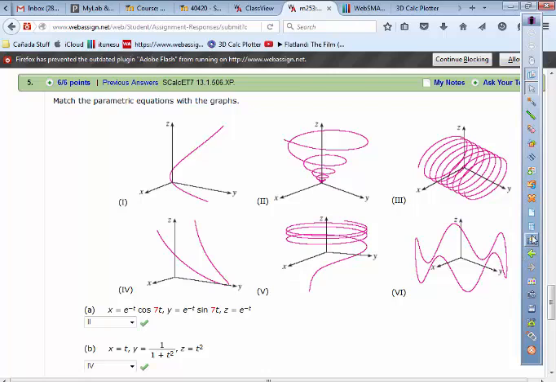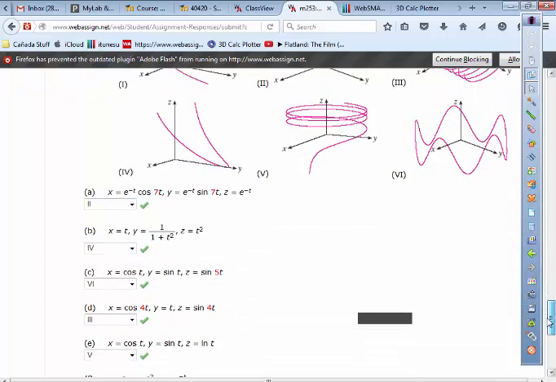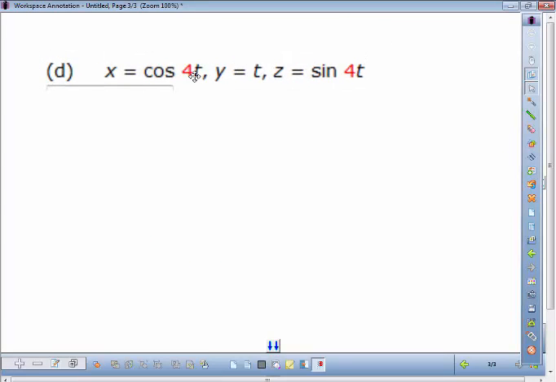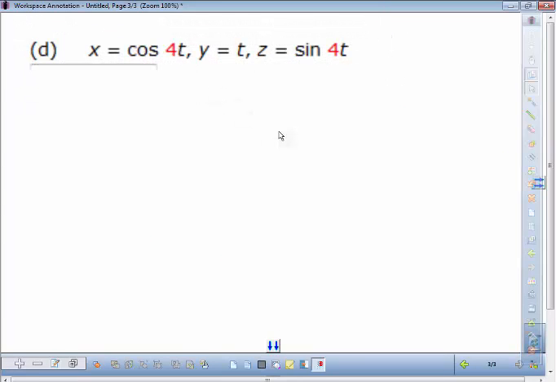The next thing I want to do is take a look at derivatives of these vector valued functions. So let's take a look at the third one, the one that has 3 for the answer, D. Let's take a look at this example, and we know how the graph looks like, right?